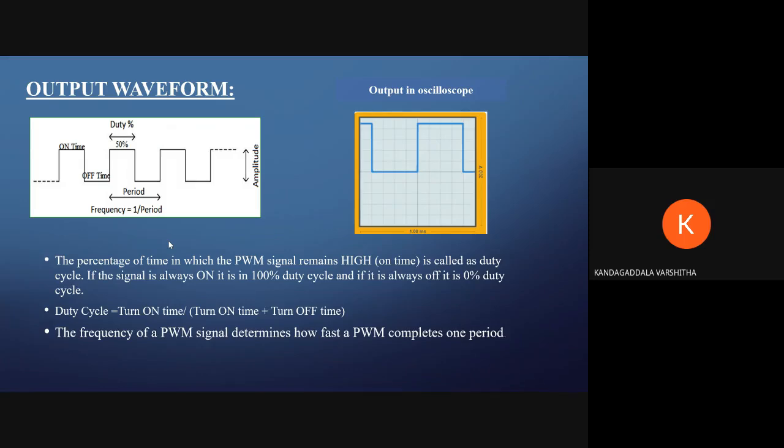When it is a 75% duty cycle, then 75% of the signal is on and 25% of the square wave signal is in the off condition. When it is a 25% duty cycle, then 25% of the signal is on and 75% of the signal is in the off state. From the above discussion, we can say the duty cycle is the ratio of turn on time to the sum of turn on time and turn off time. The frequency of a PWM signal says how fast a pulse width modulation completes one period.